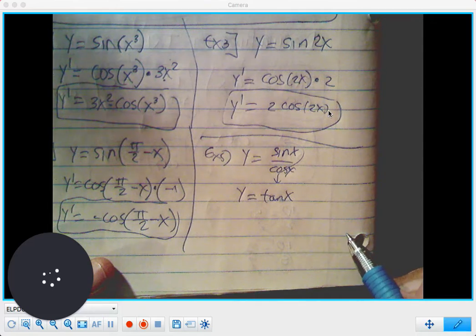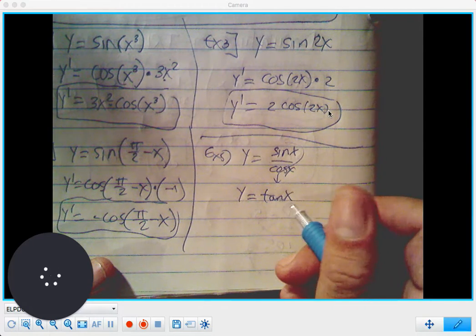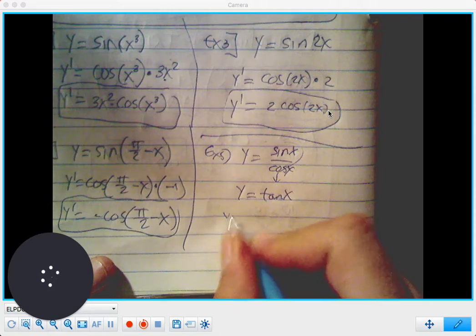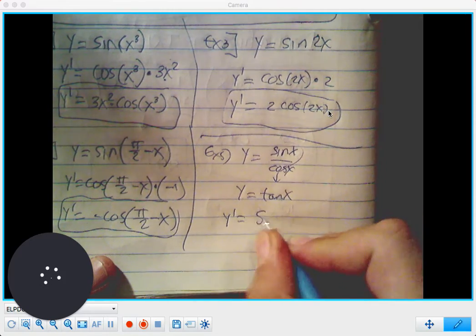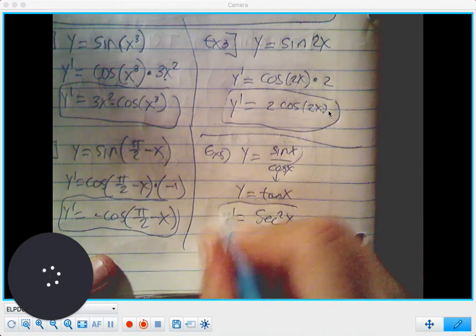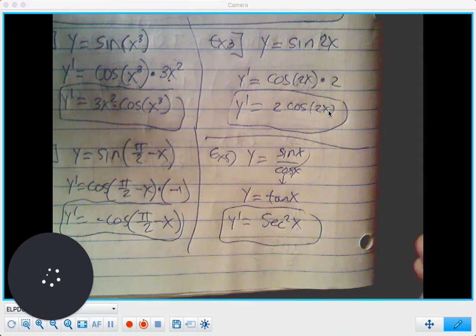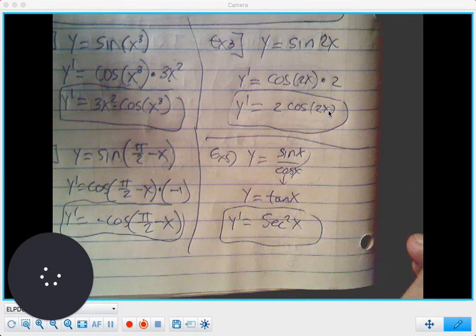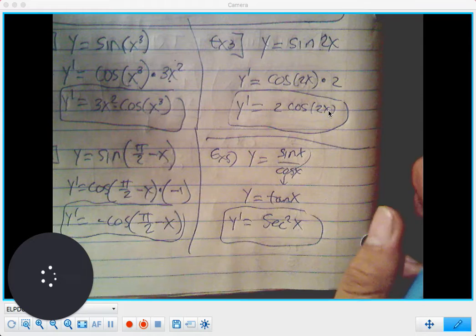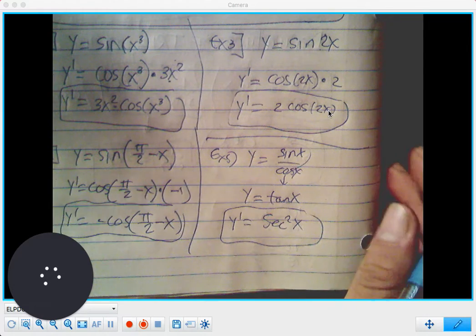Now, do I know what the derivative of tangent is? Yes, I do. It's secant squared. You see how easy that is? Okay, let's go to example 6. Now I have another one.